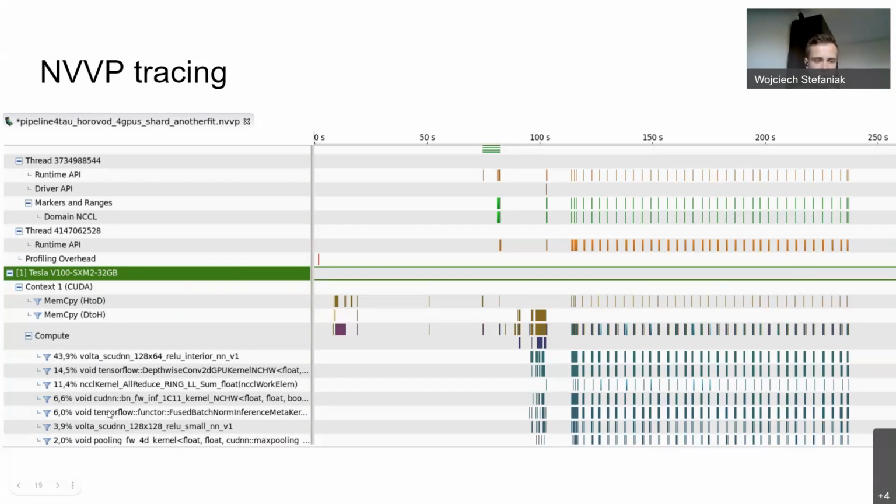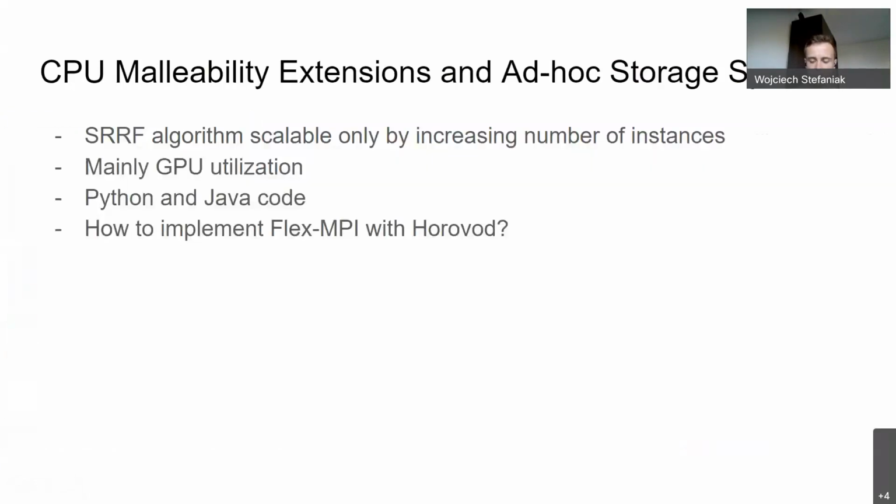But we can also see that NCCL AllReduce is working here. A lot of GPU computation, some smaller copying to and from memory. Yeah, so I would say pretty much the same context, the same scenario as in the previous application.